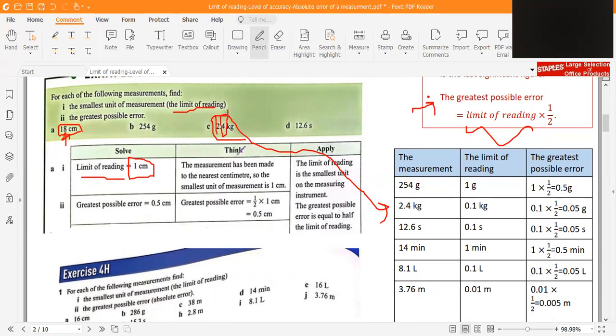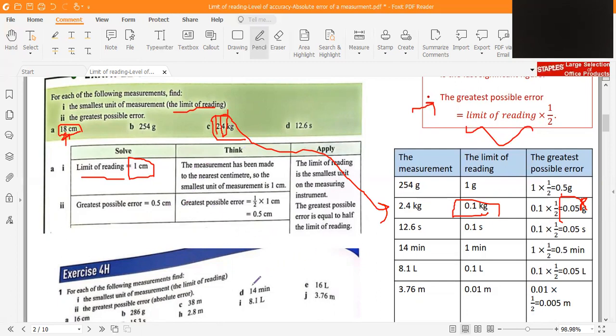So 4 here is equivalent to the first decimal place, which is 0.1 kilogram. So the limit of reading is 0.1 kilogram. The greatest possible error is equal to half of this value. So 0.1 times 1/2 equals 0.05 kilogram. Very sorry, I had an error here, so kilogram. Good.